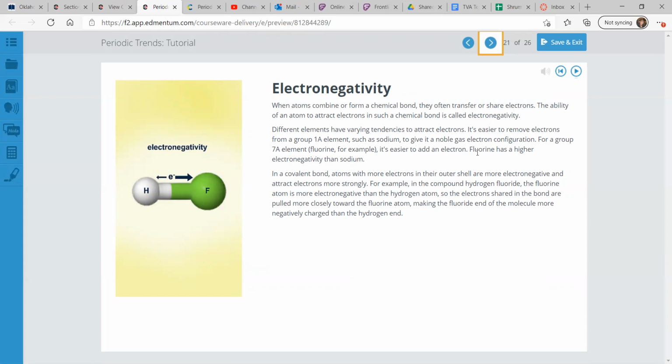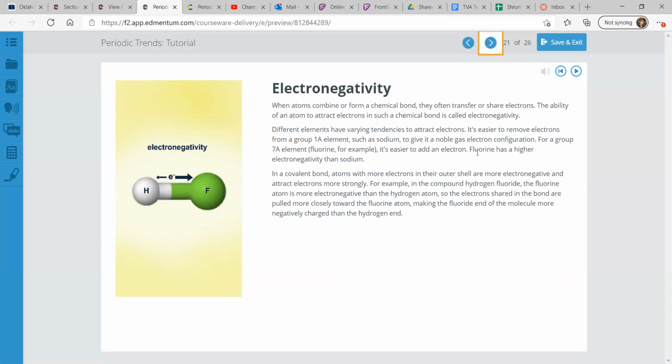In a covalent bond, atoms with more electrons in their outer shell are more electronegative and attract electrons more strongly. For example, in the compound hydrogen fluoride, the fluorine atom is more electronegative than the hydrogen atom.